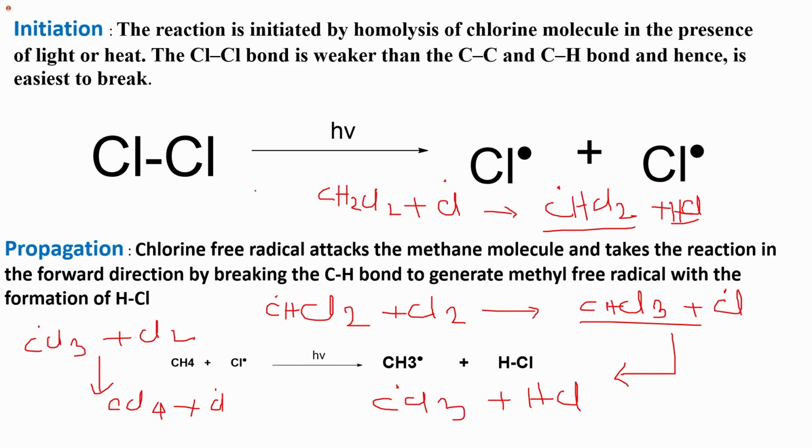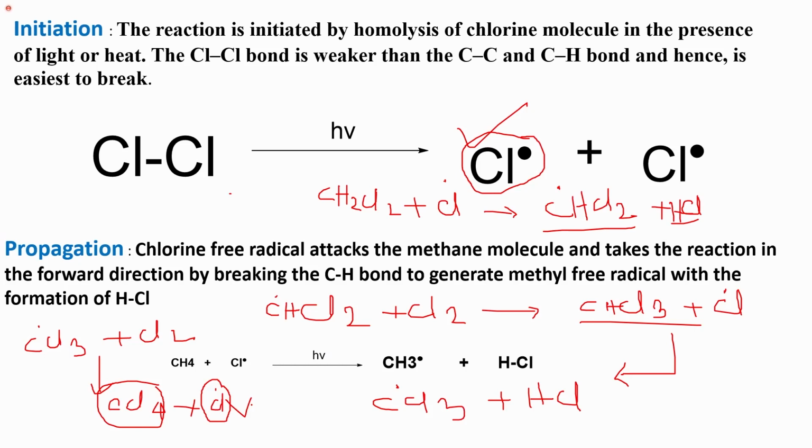Catalytic cycle means if we start from here, I have to generate this radical, because this is the main radical. It is the initiator to forward this reaction. So anyhow, at one moment you form this, which is your product. Then you have to again reform this Cl dot, so that your reaction goes in a catalytic way.